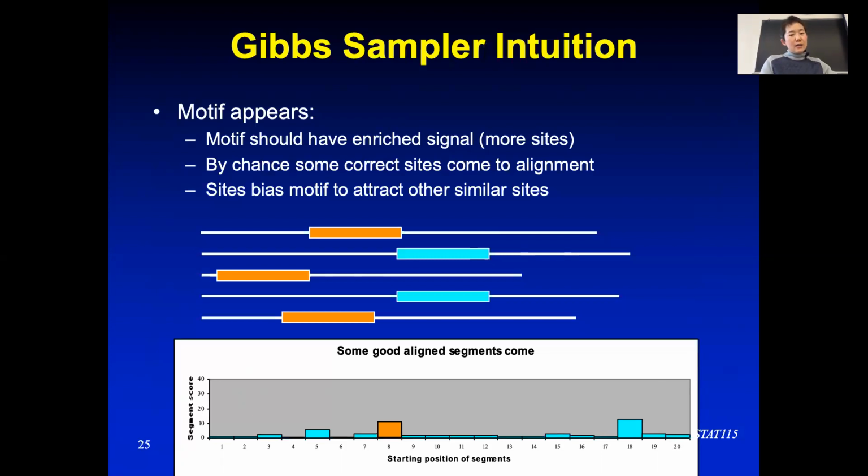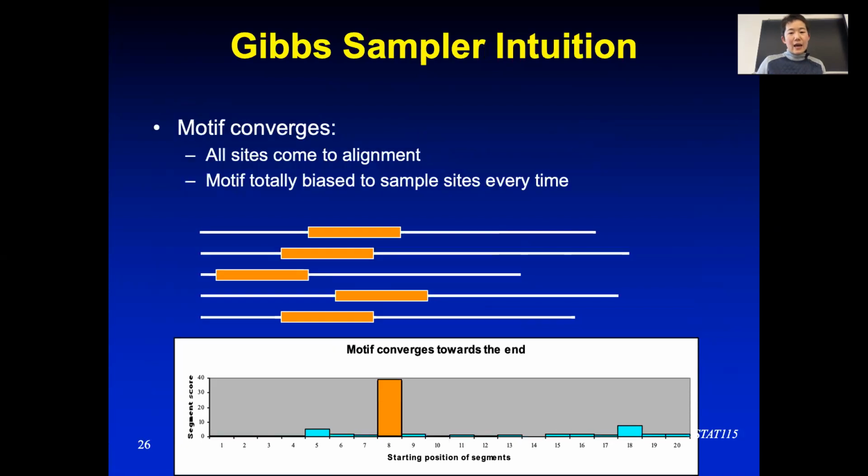So once some of the correct sequences come into alignment, they will favor the matrix so much that other sequences that look like them will come into alignment quite quickly. And so the convergence happens when the House is 435 votes all going to New York. Everybody likes New York, and that's it. You have no way of going elsewhere now, right? Because they are so strong. And that's when you have motif convergence.